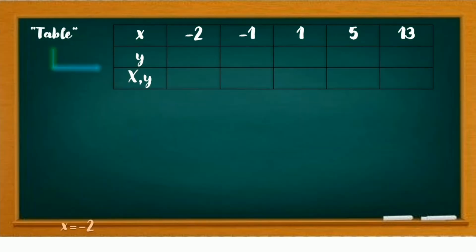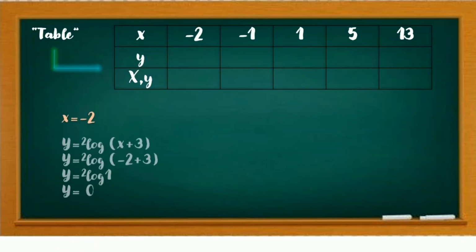So here I have determined the values of x. They are minus 2, minus 1, 1, 5, and 13. Then I want to find the value of y.